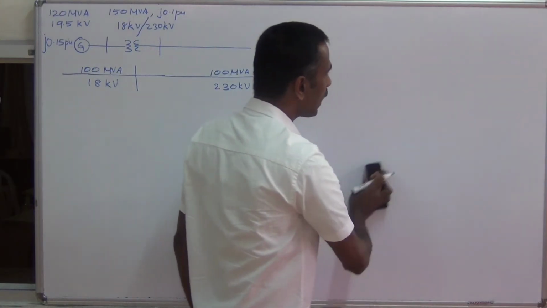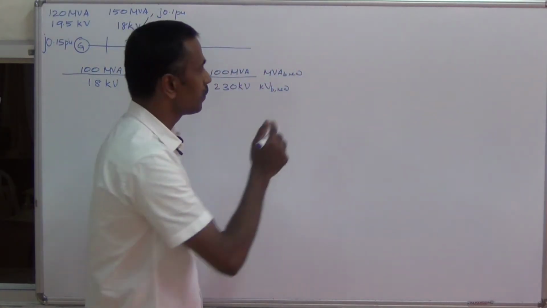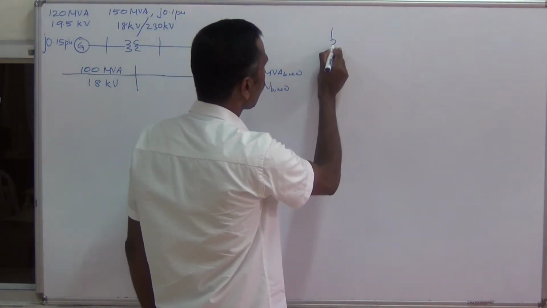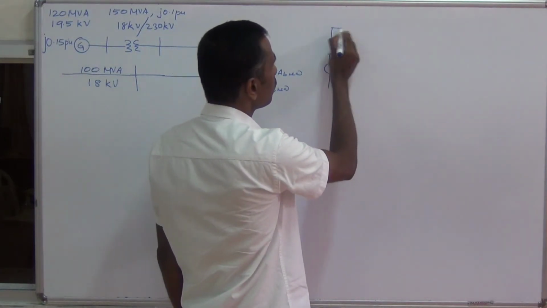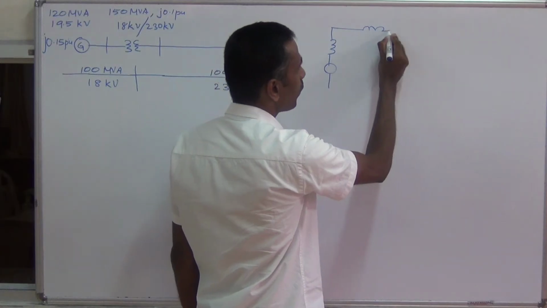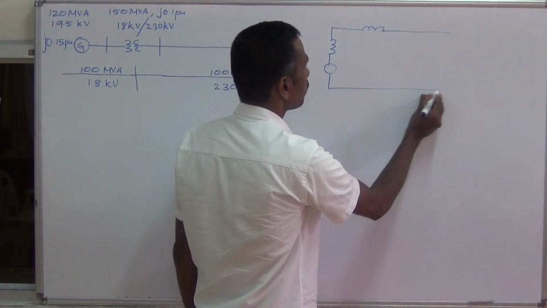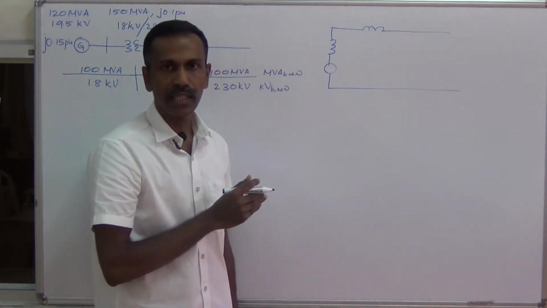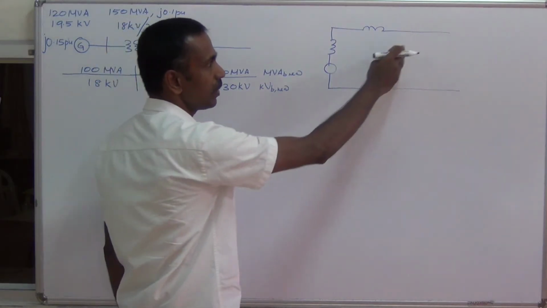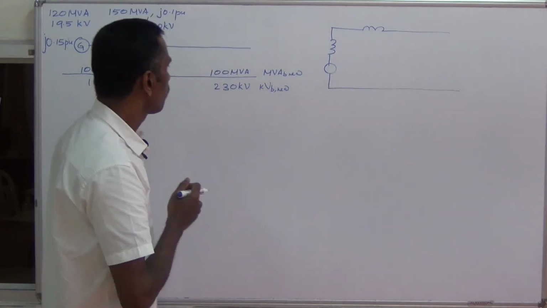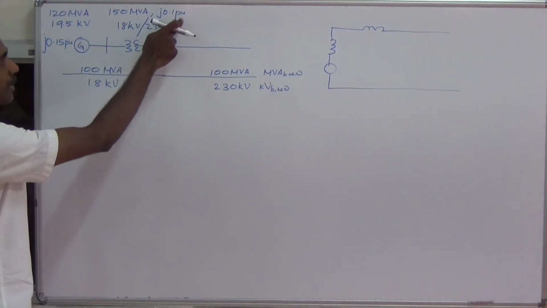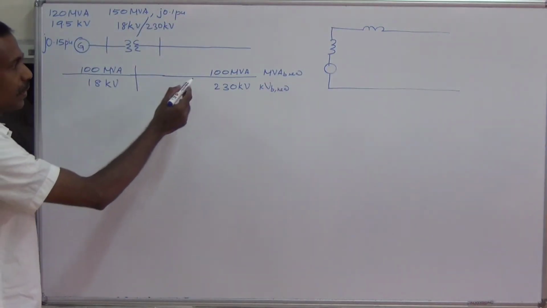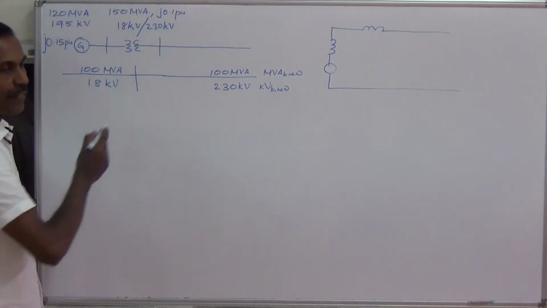Let me draw the reactance diagram of this power system. This is our generator. This is the transformer. The reactance of the transmission line is not given in the problem, so we need not consider that. Now let us convert these per unit reactances into a common MVA base.